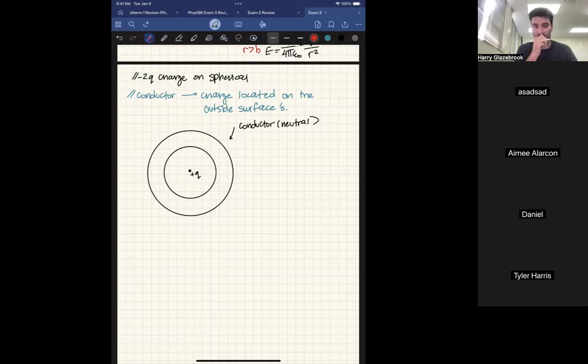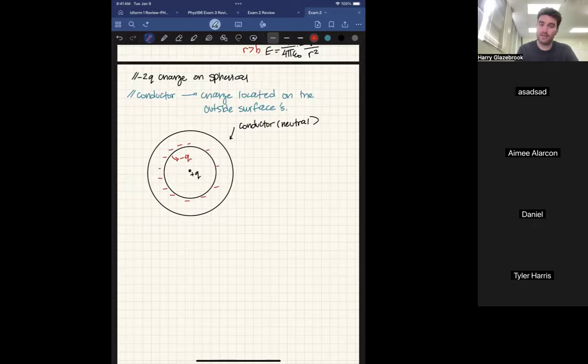So if I bring this positive Q in proximity to a neutral conductor, all the negative charges are going to be pulled to one side. The sum of all these charges is going to equal negative Q.